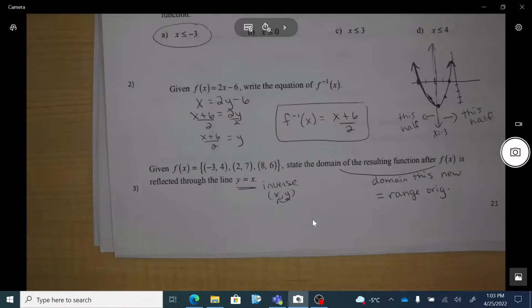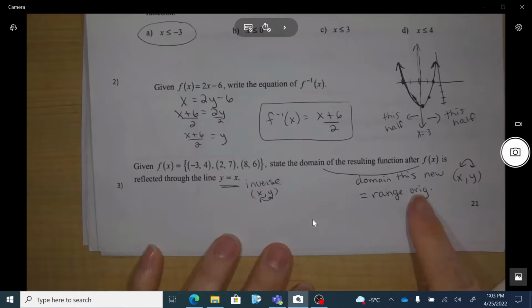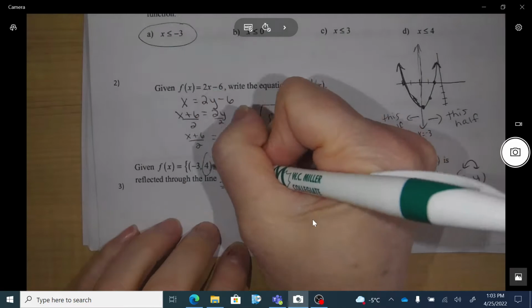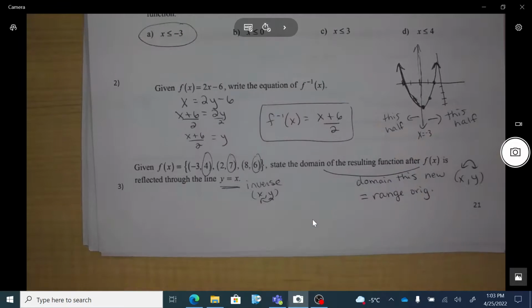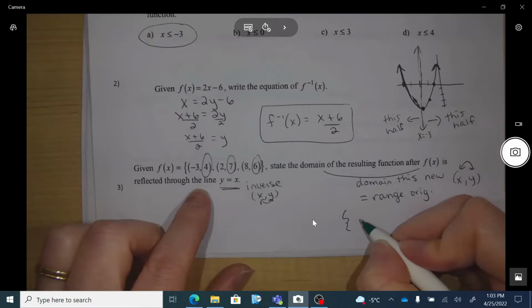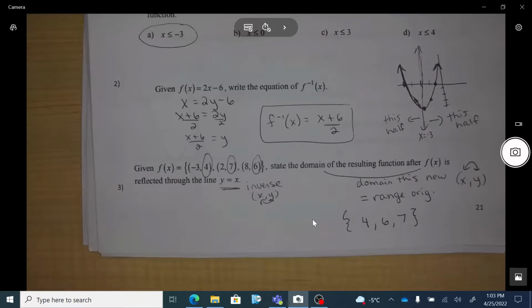That's the idea, right? The x's and y's get switched, so the domain of this would be the range. So the range is that. So I'm going to write them as a set of values because it's not from this to this. It's just specifically those 3 values.